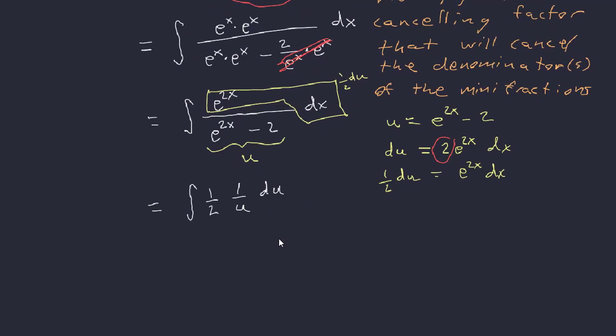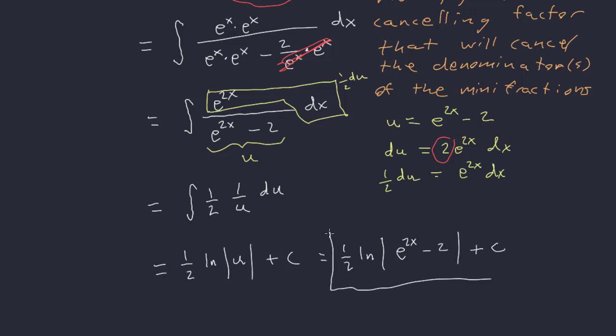From here, the 1/2 comes along for the ride. The 1 over u is a natural log absolute value of u. We throw in our plus c, and now we just put our u's back in. So we'll get 1/2 natural log absolute value of e to the 2x minus 2 plus c. And there we go. That's it.